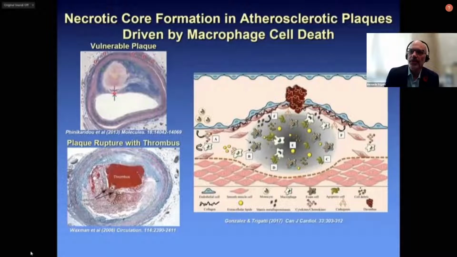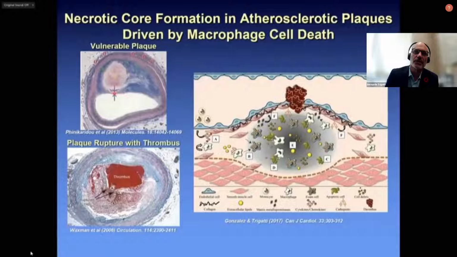So macrophages accumulate large amounts of cholesterol in the atherosclerotic plaque, and this cholesterol can become toxic as it accumulates in the macrophage and can induce cell death. And atherosclerotic plaques, in which there's abundant cell death of macrophages, develop regions that are called necrotic cores.